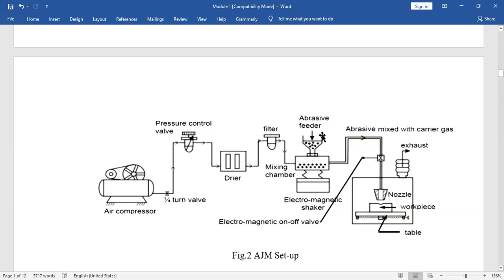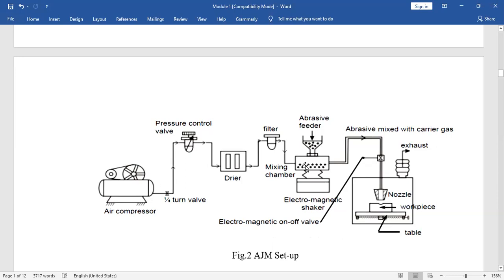This is the most important element. At the top you can see the feeder, where the abrasive particles are stored. This is the mixing chamber, where the abrasive particles fall, and the compressed gas also goes inside it.